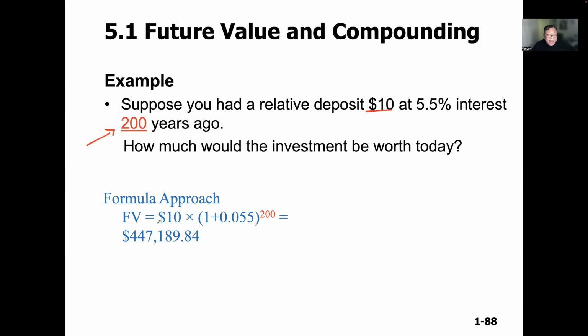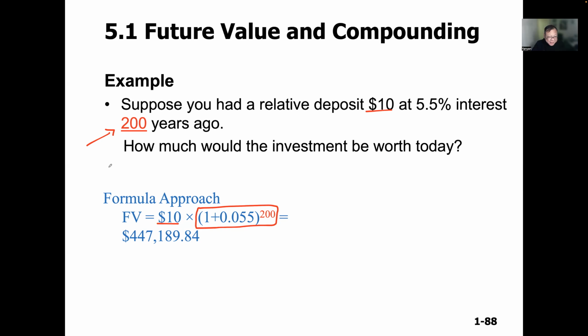Your present value is $10. You saved because you starved, without having breakfast. And then this is a compounding factor, right? 1 plus R, where R is the interest rate, 5.5% in the form of decimals, 0.055, and to the power N, this time N is 200, right?